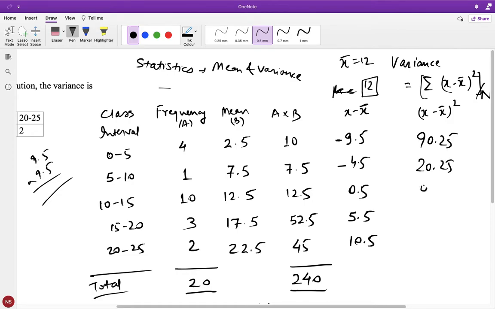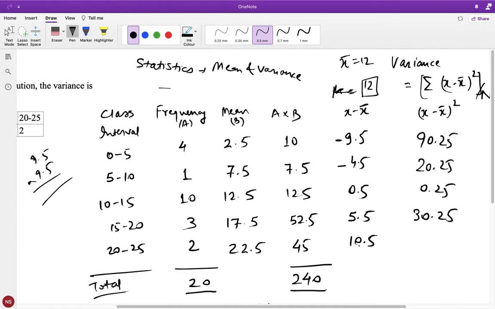This is 0.25. 5.5 into 5.5: how you can do that is 5 square is 25 plus 2 into 5 into 0.5 is 5, so 25 and 5 is 30, and 0.5 square is 0.25. So 30.25.